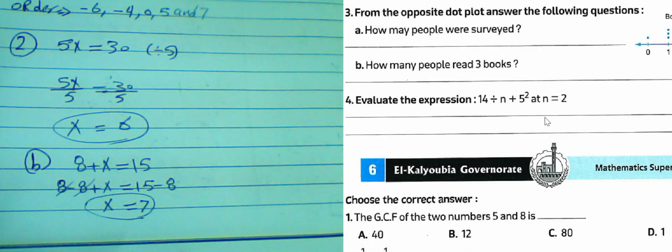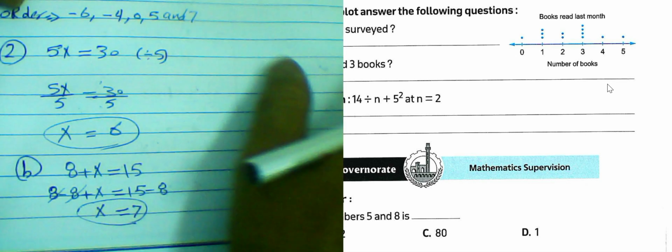Number 3. From the opposite plot, answer the following questions. How many people were served? We can count all the dots here. We have 1, 2, 3, 4, 5, 6, 7, 8, 9, 10, 11, 12. Okay, again we have 4 plus 2, 6, 6 plus 3, 9, 10, 11, 12. Then the number of people here will be 12 persons.